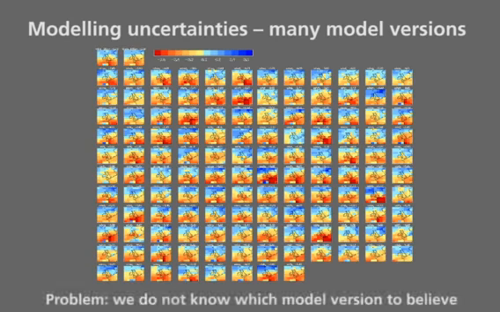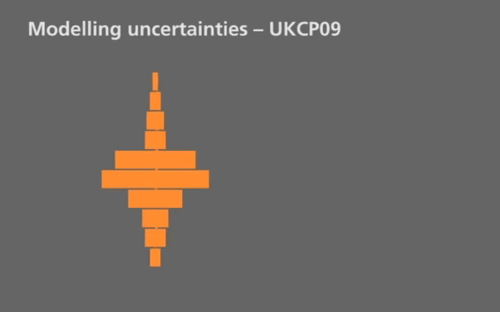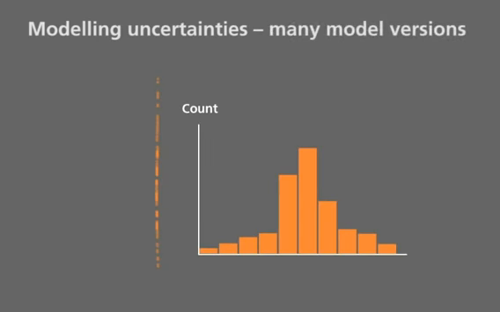The problem is we don't know which model version to believe. So what we can do is we look at all the results in a 30-year time slice and we map them onto a graph. We can then use that graph to group the number of models that project a certain size of change. The problem with this is that it doesn't tell us anything about how good each model version is, and that's what we look at in step 2, where we assess the quality of the outputs.